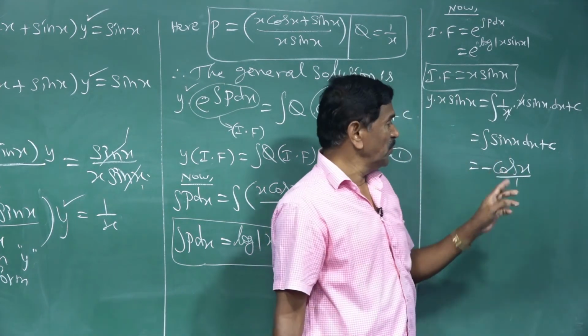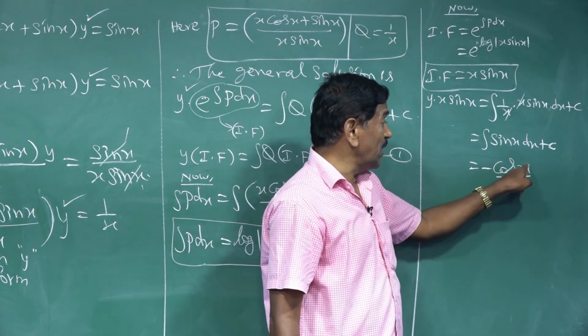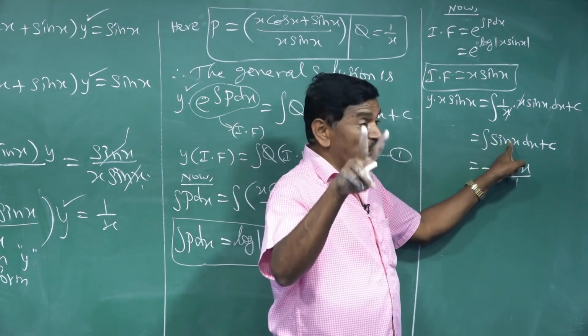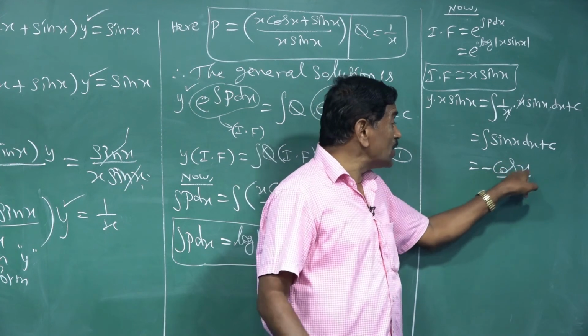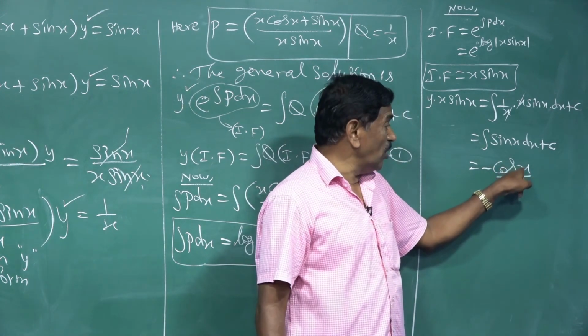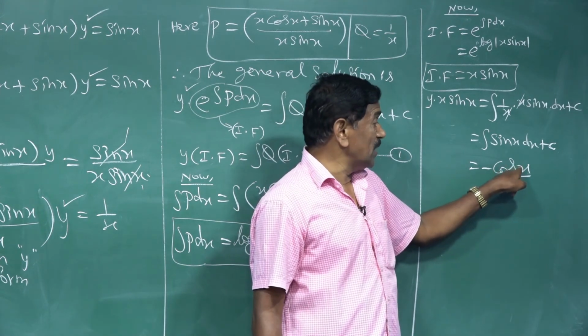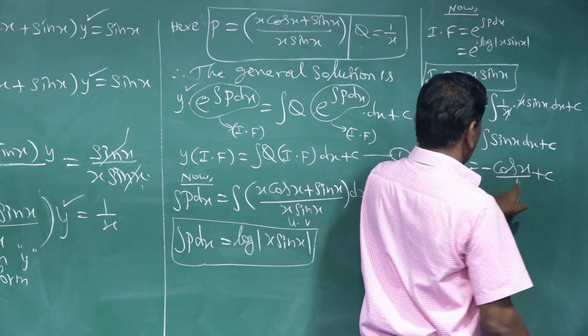That is important. For sin x, the integration is minus cos x, and the x coefficient goes in the denominator. Sometimes, for example, the integral of sin 2x dx is given by minus cos 2x divided by 2. Here, x coefficient 1 means divide by 1, coefficient 2 means divide by 2, coefficient 3 means divide by 3. That is the technique. Plus constant c. And divide by 1 is not needed.